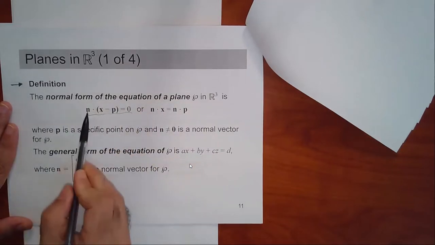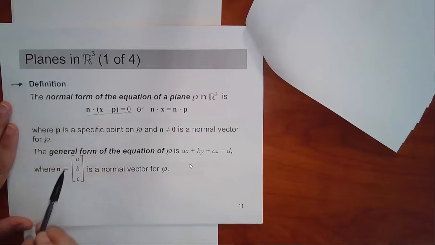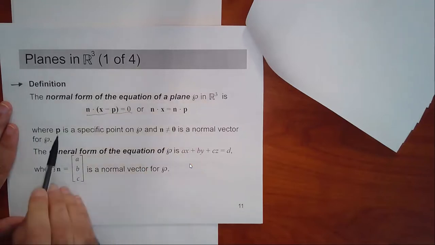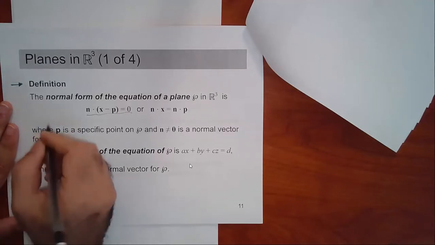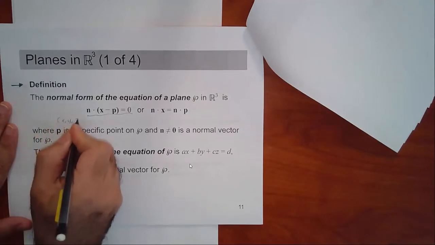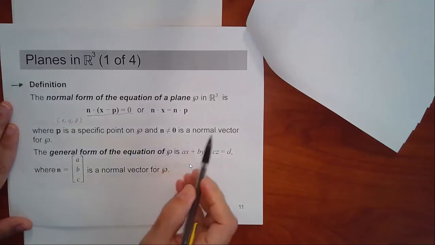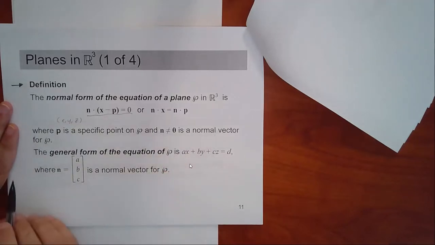N, the normal vector, is going to be (A, B, C), because it's in R3. P is a point, so this point is going to be 3-dimensional. They're going to give you the X, Y and Z. And n not equal to 0 is a normal vector for the plane.